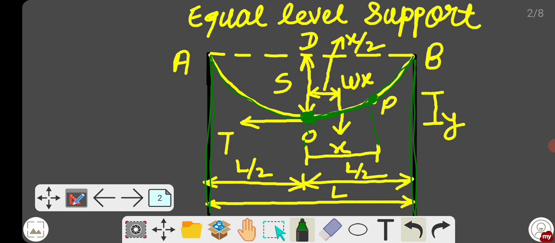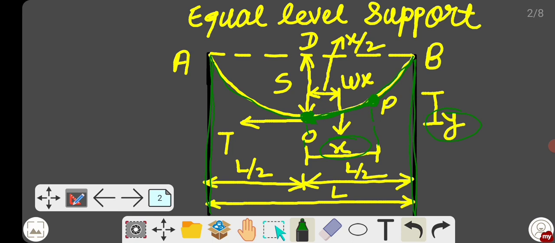Now we can say the coordinates of the point P with respect to origin O are x and y, where x is the horizontal distance and y is the vertical distance from the origin.